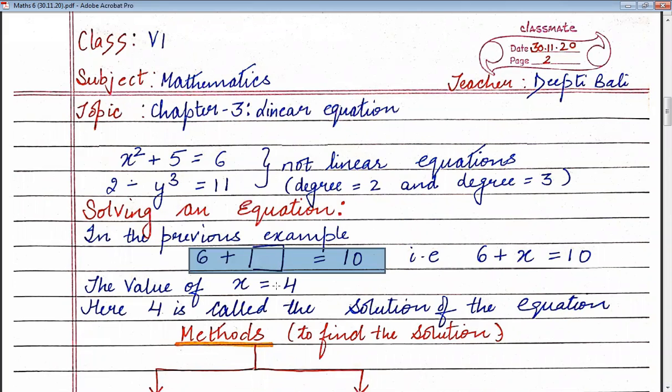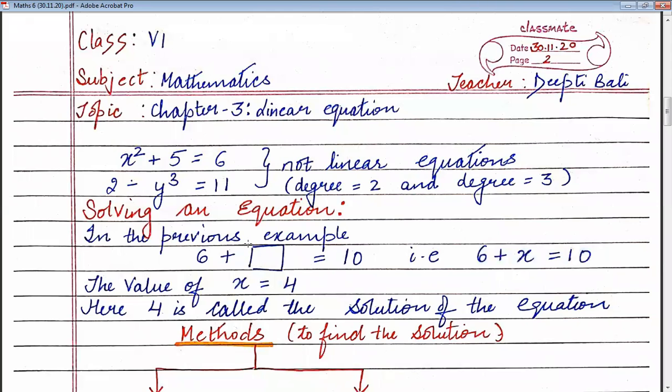So we have written 4 here. So children, we can say that the value of x is equal to 4, because in the previous example we calculated that the value of this placeholder is 4.